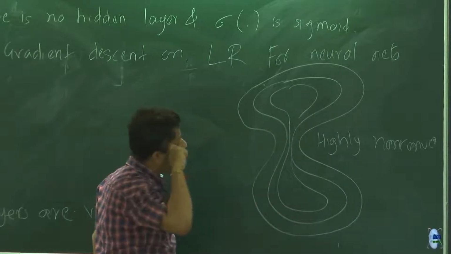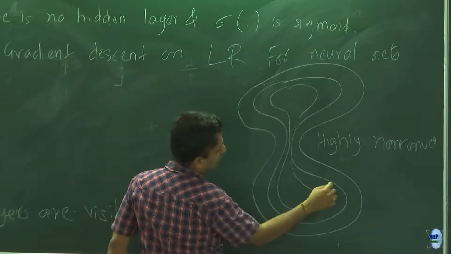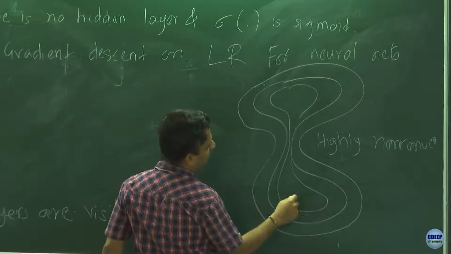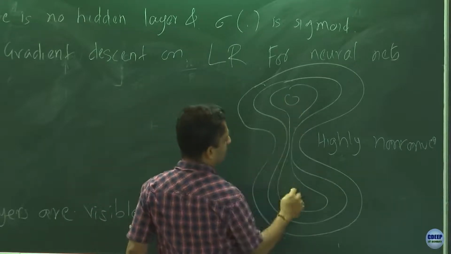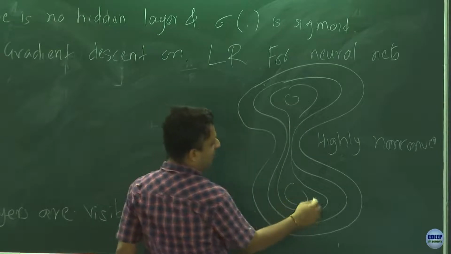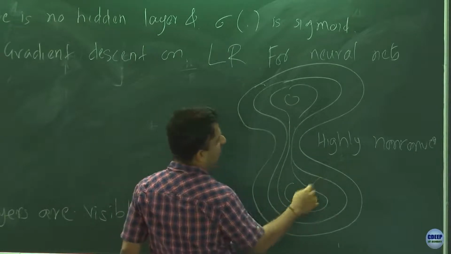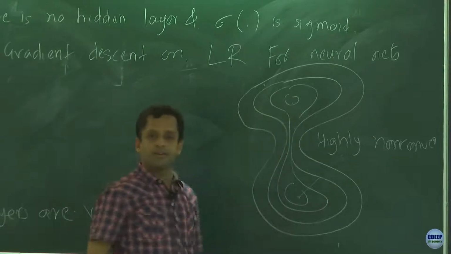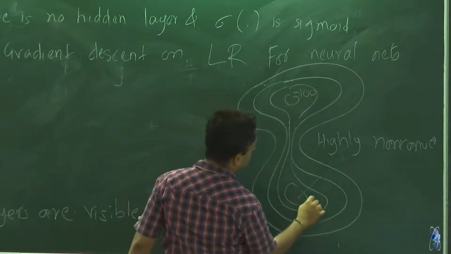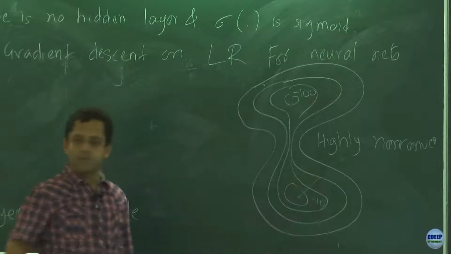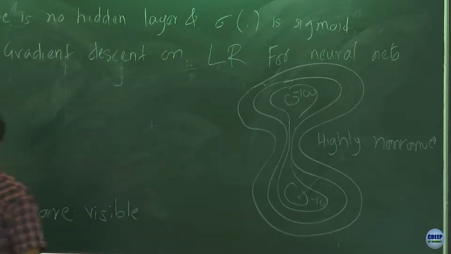Now it may happen that you are going towards a minimum, but maybe there is a better minimum here, right? But I am stuck here and I will be descending here, whereas I should have been going there. Let us say the value here is minus 100 and here I am stuck at minus 10. So escaping out of these different regions will become important.